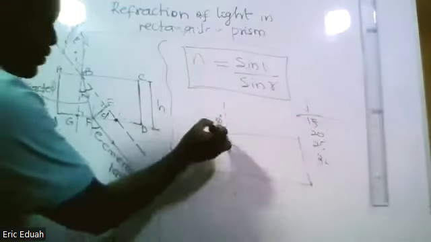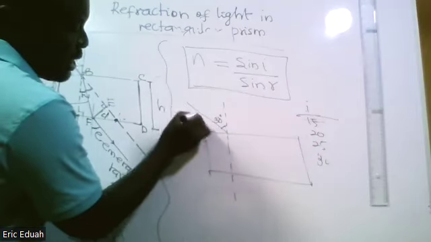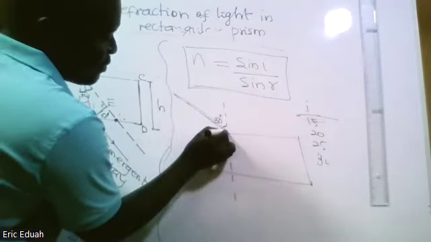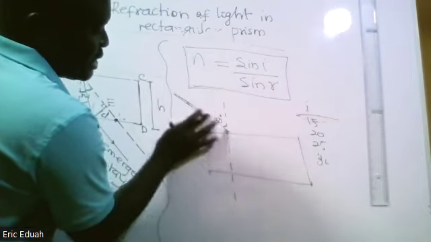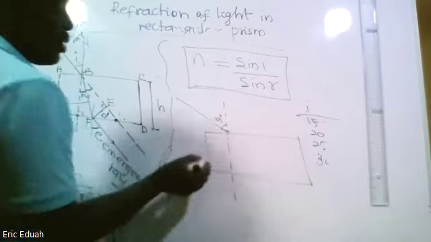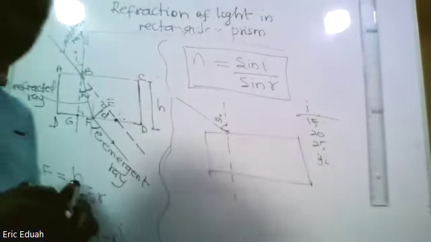So after measuring this angle, you draw the incident ray, then measure the angle starting from the least one.